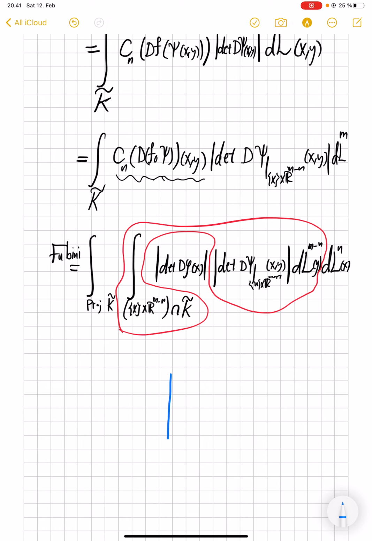This fiber, so I'm integrating over the fiber above x, and psi, when restricted to this fiber, takes that into the original fiber. And this is a C1 function.